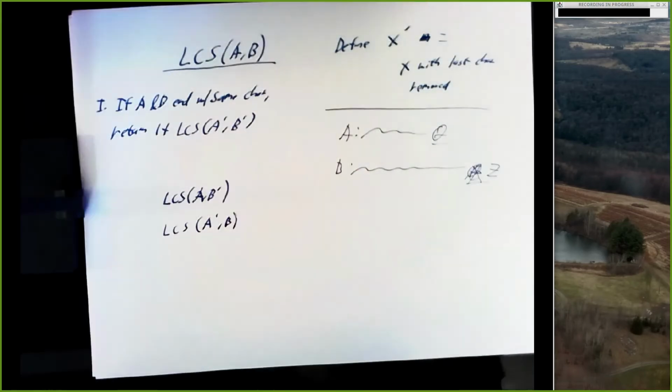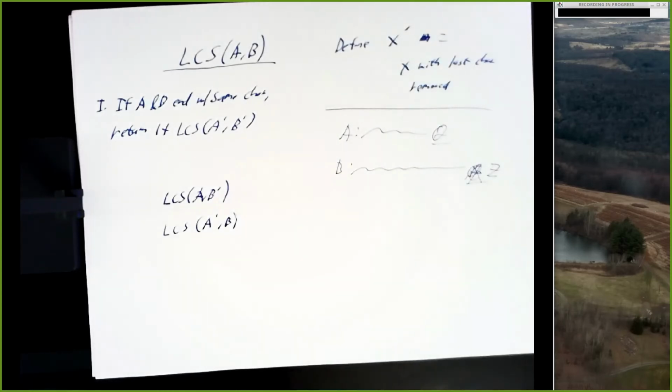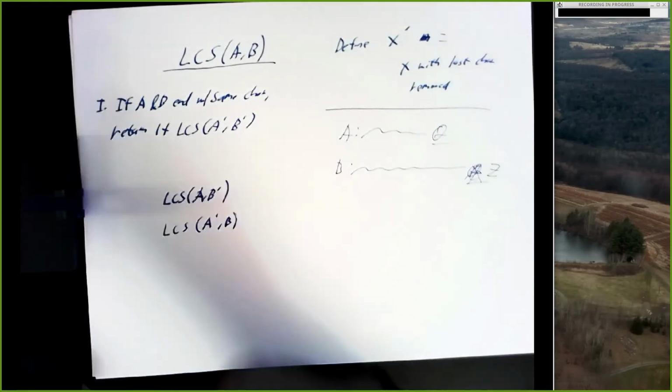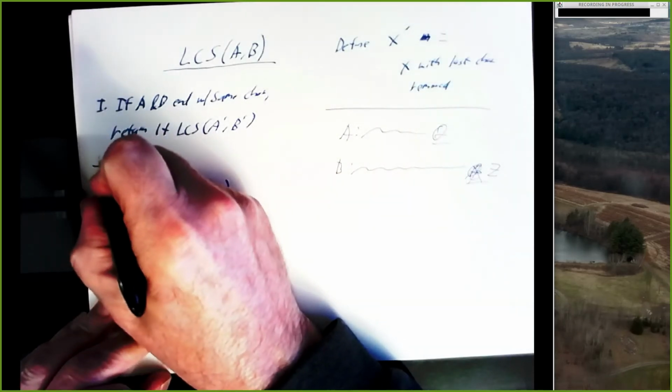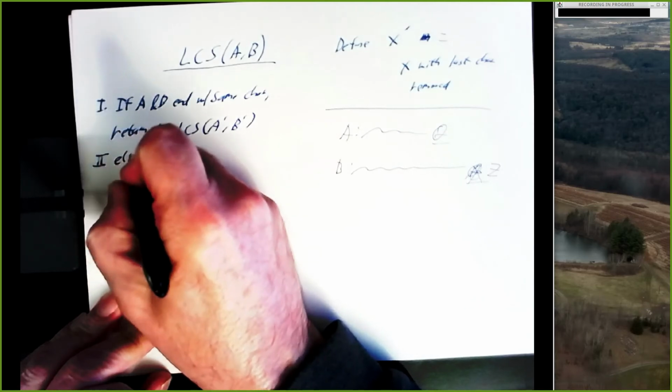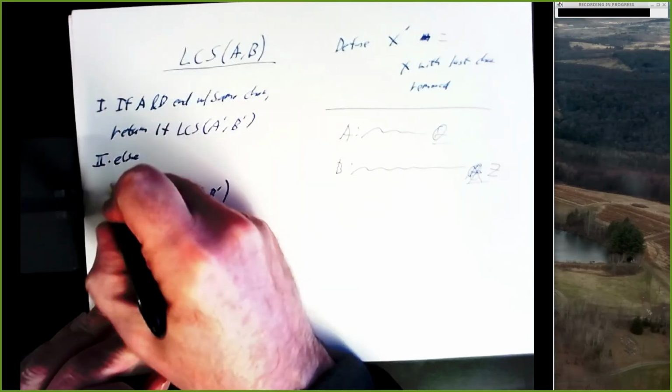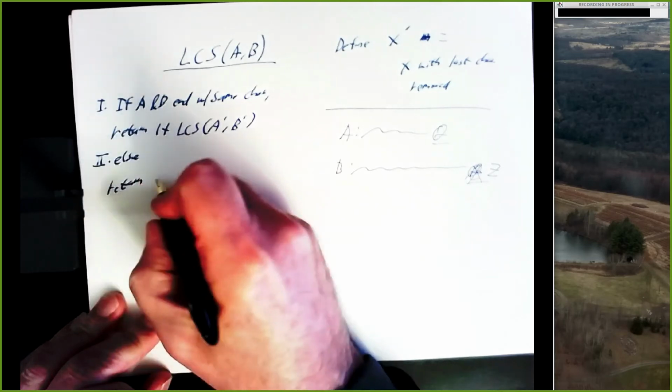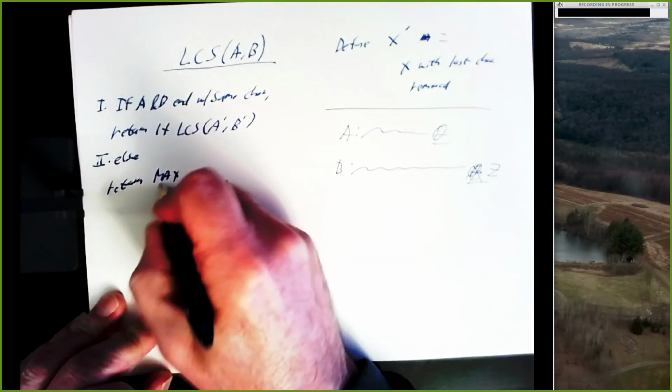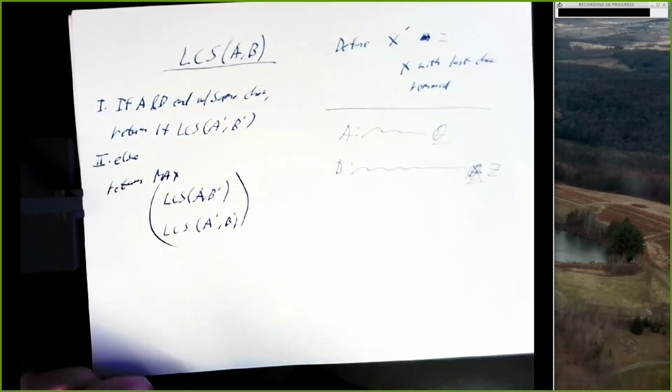And we don't know which case is true. But we know we want the longest common subsequence. And so all we have to do is return the maximum of these two values.